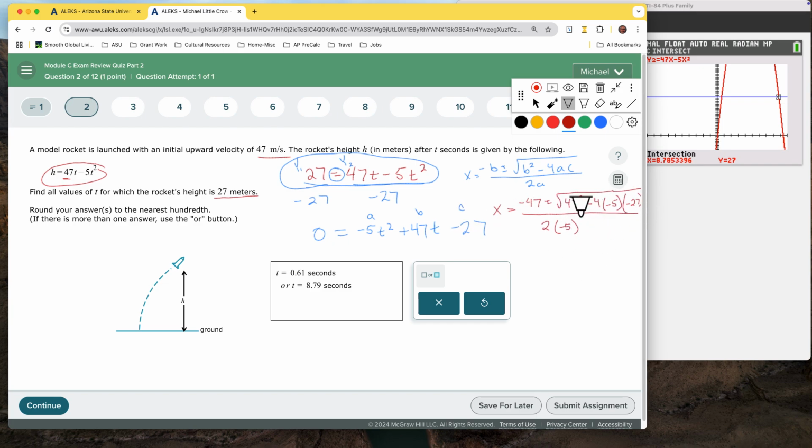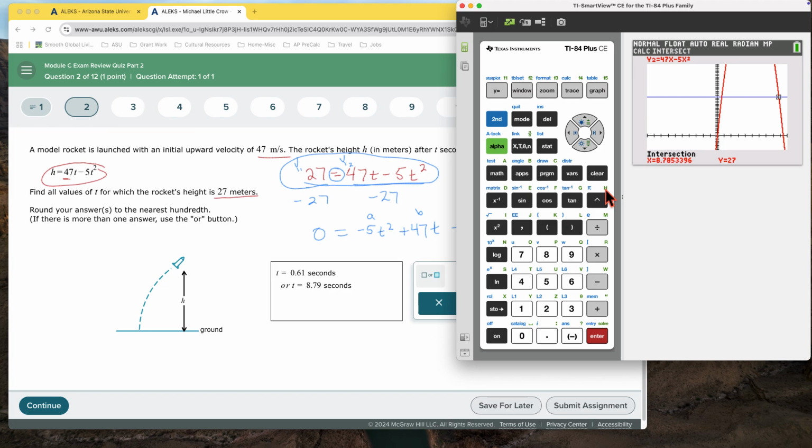Okay, so let's do the inside part here. 2 times negative 5 is going to give us negative 10. We're going to get the negative 47, it's going to stick there. And then we're going to add and subtract this number, which let's go ahead and get that.